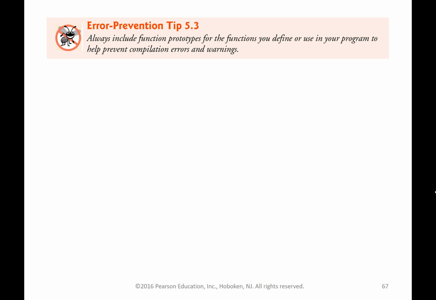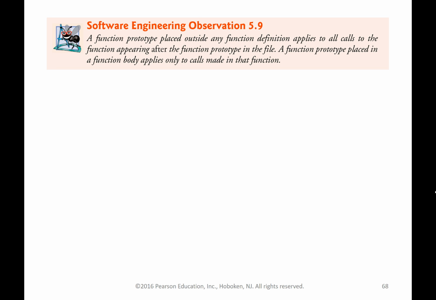Again, we talked about that. Always include function prototypes. If a function prototype is placed outside any function, it's got to be by itself. As a general rule, you place all the prototypes at the beginning of your code before main.